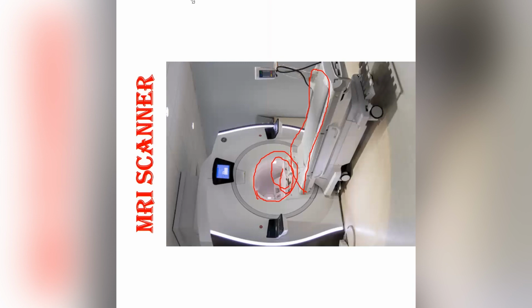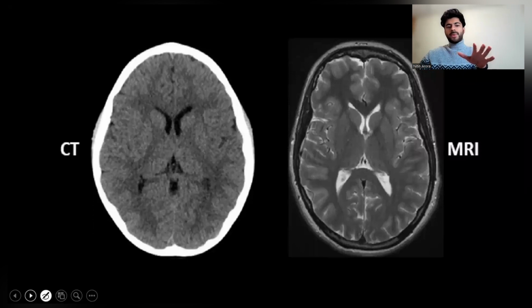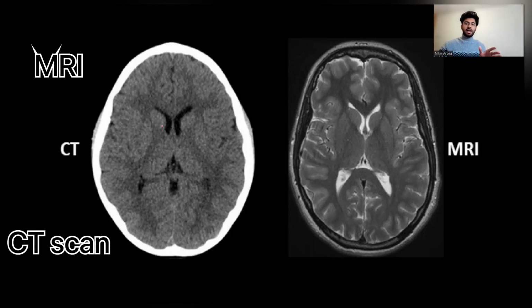Now you know. The next thing that comes into action is how this MRI works. Over here, you see an MRI and a CT scan. How do you differentiate between the two? In CT scan, everything that is dense appears white.